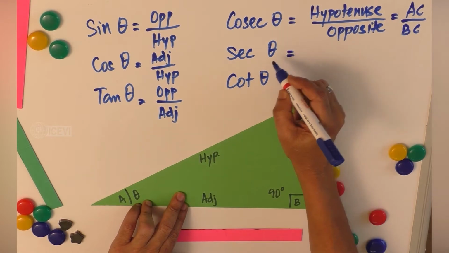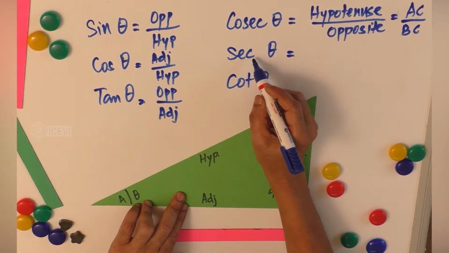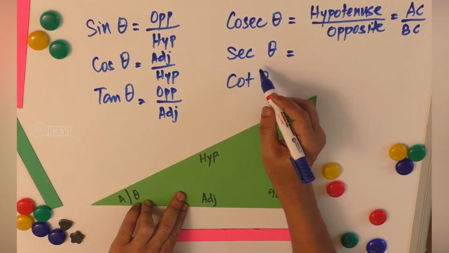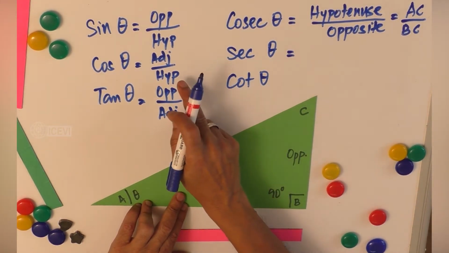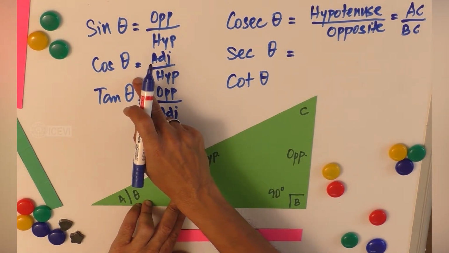Now, secant theta, the full form is secant, S-E-C-A-N-T. The short form is sec. The formula, as we already mentioned, is the opposite of cos theta.